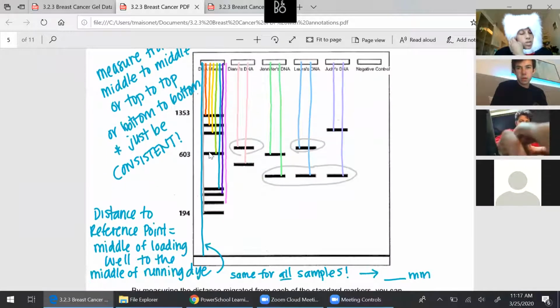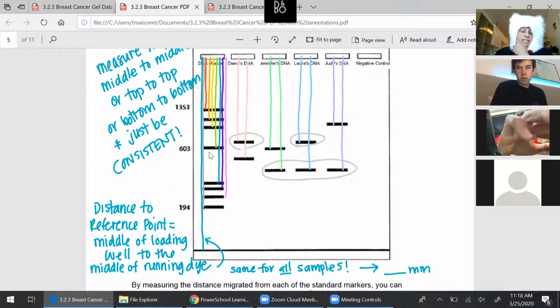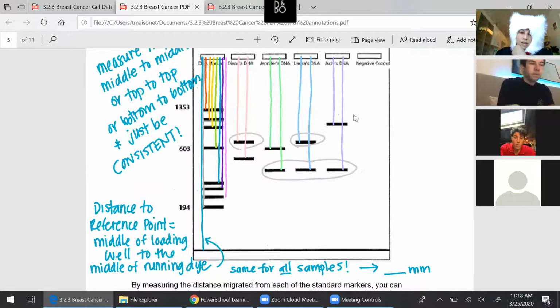When it asks you in the chart to measure not only the distance migrated, that's how far all of these different individual bands traveled, and that's my rainbow here for my ladder, and then my 4 patients over here. That's all the lines for the bands that have traveled. But then it also asks you to measure the distance to the reference point.